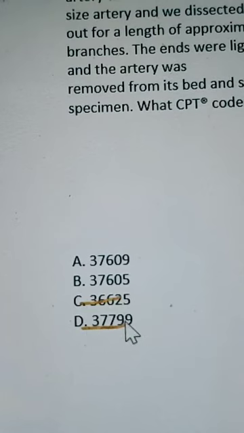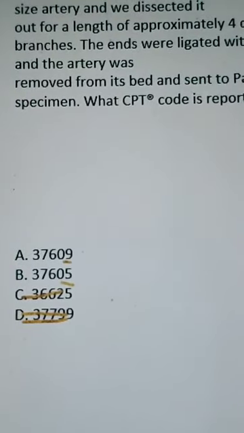We got a 377 and a 366. I would get rid of those because we have a 376 and a 376. One of them's 05 and one of them's 09. These are the ones that I would run to right away. I'm eliminating those two, and I'm just going to see what the difference is between those two codes before I move on and look at my answer question, is what I mean by that.